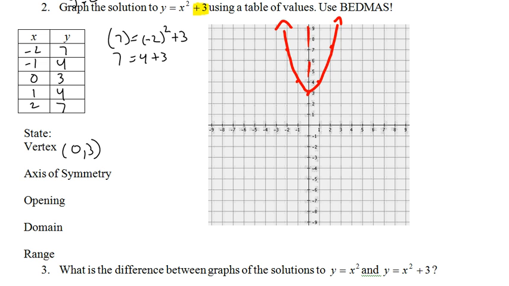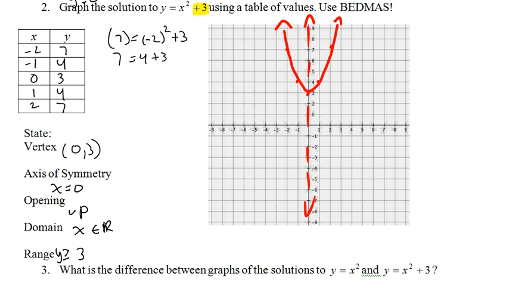Axis of symmetry, still straight down the y-axis at x equals 0. Opening up. Domain, x is real. And this time, y is going to be from 3 and up. So y is going to be greater than or equal to 3.